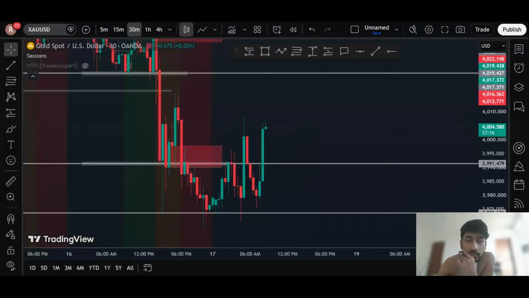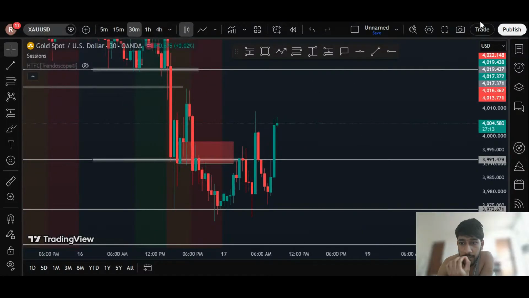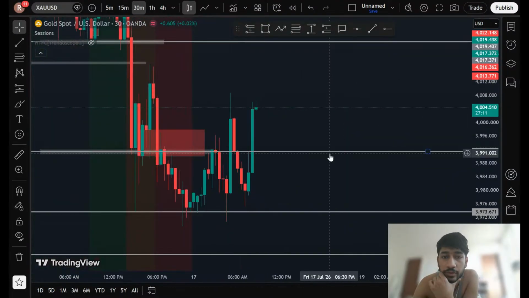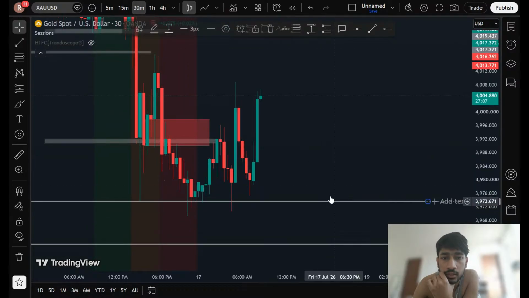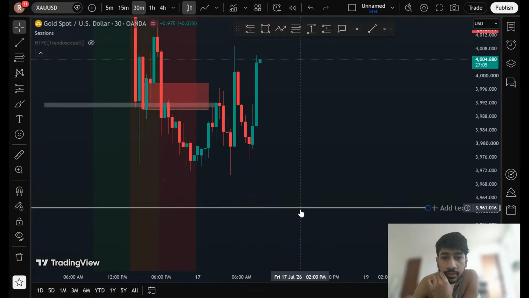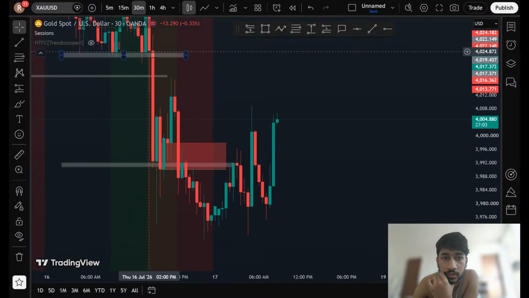Let's share my screen and analyze gold really quick. This is pre London session, we are half an hour before London session.